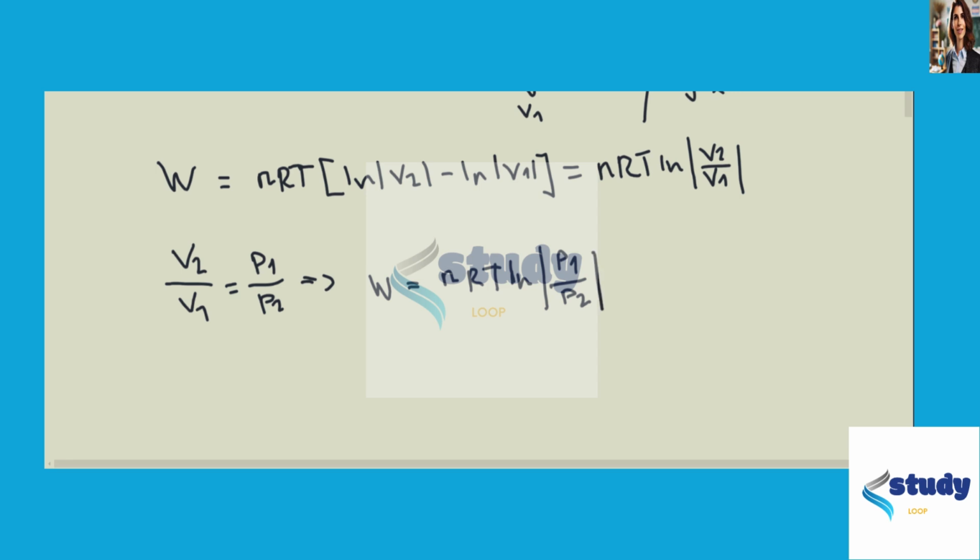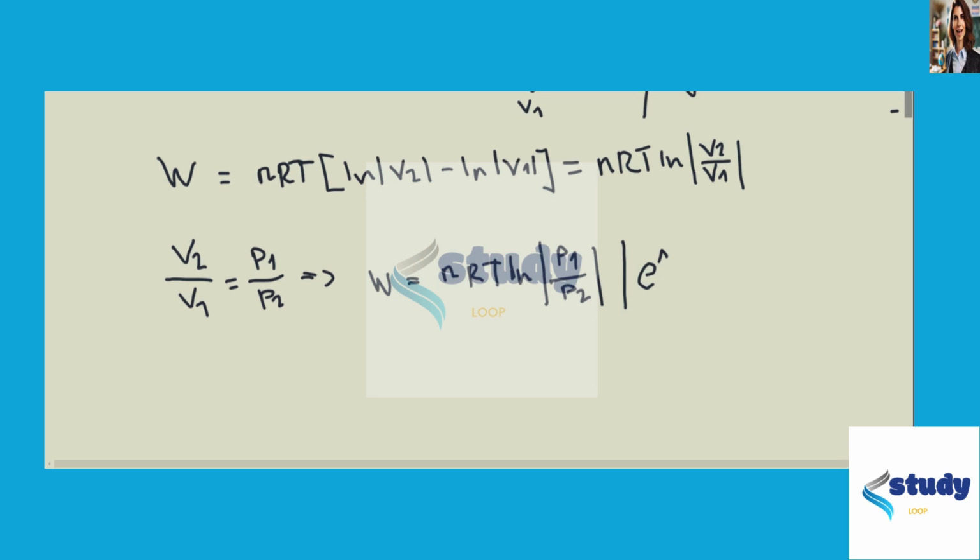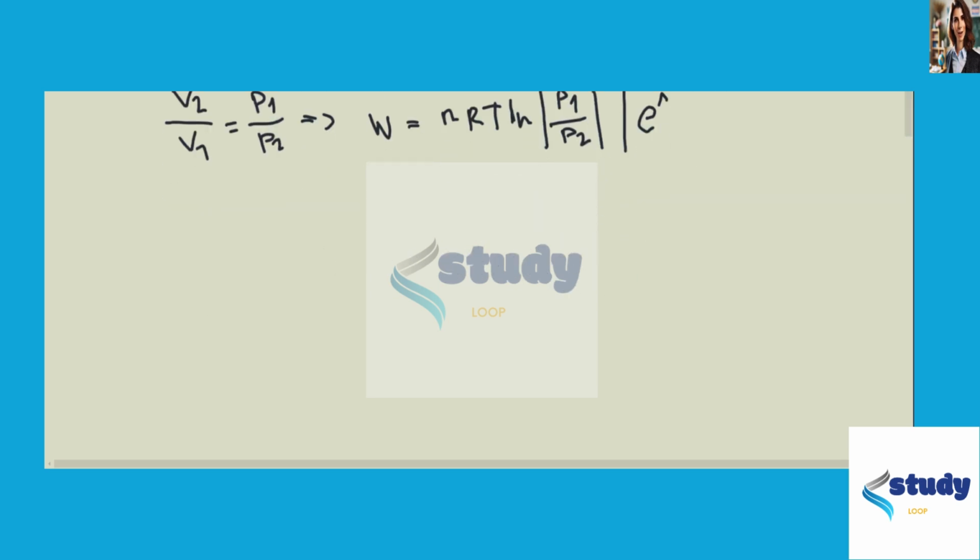Now, from here we can start to derive the equation for P1. So the first thing we need to do is to raise both sides as powers of e, which gives us e to the power of the work equals e to the nRT, and since e and ln are inverse functions, we will have just pressure 1 over pressure 2, which is very important since now we can actually derive the equation.